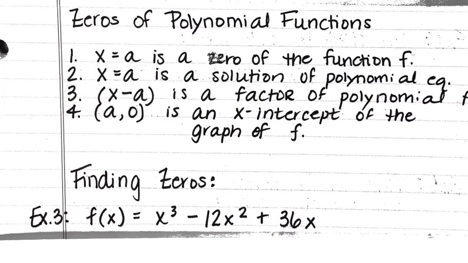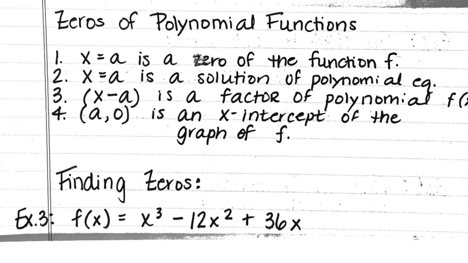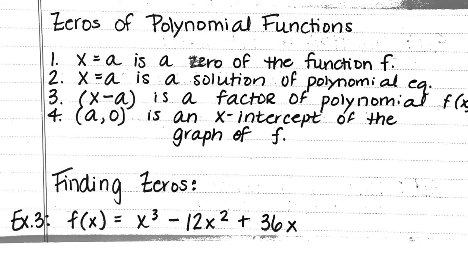Zeros. There's a bunch of things we know about zeros. Zeros are solutions or roots or x-intercepts. So there are a bunch of names for zeros. The first thing we need to know is if x is equal to a, it is a zero of the function. This is just saying it is an x-intercept. If x is equal to a, it is a solution. So remember, we call them zeros, solutions, roots.